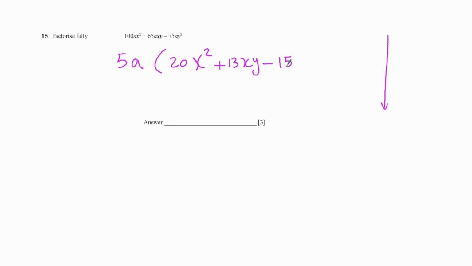So we have 5a times 20x squared plus 13xy minus 15y squared.